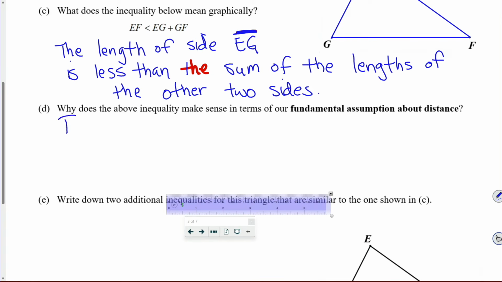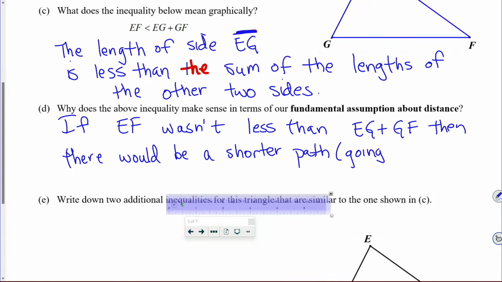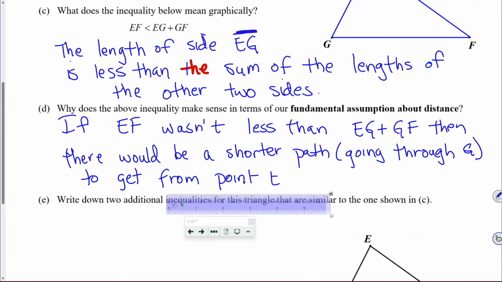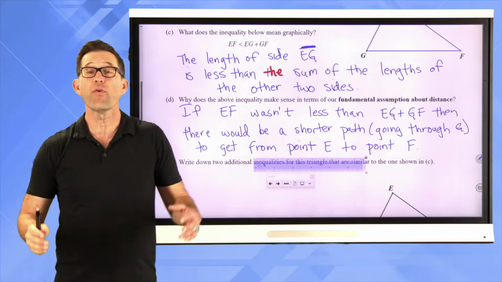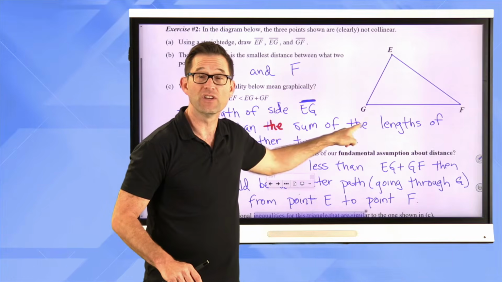So I'm going to phrase it like this. I'm going to say, if EF wasn't less than EG plus GF, then there would be a shorter path going through G to get from point E to point F. So if EF wasn't smaller than these two sums, well then we could take a shorter path by simply going to G first, then going to F, right?